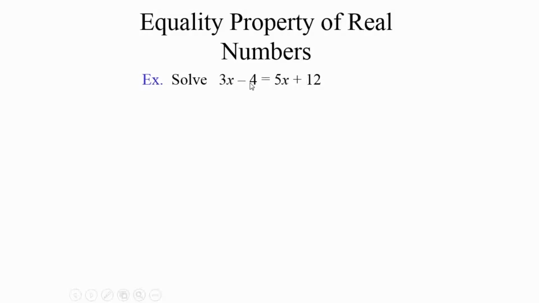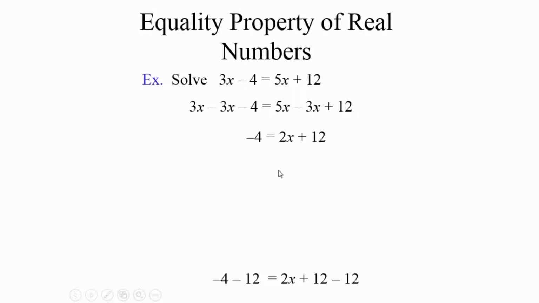So 3x minus 4 equal 5x plus 12. So they subtracted 3x from both sides. So they make the 3x go away first. So they end up with 2x plus 12 on this side, minus 4 on this side. Now they subtract the 12 from both sides, minus 12, minus 12.